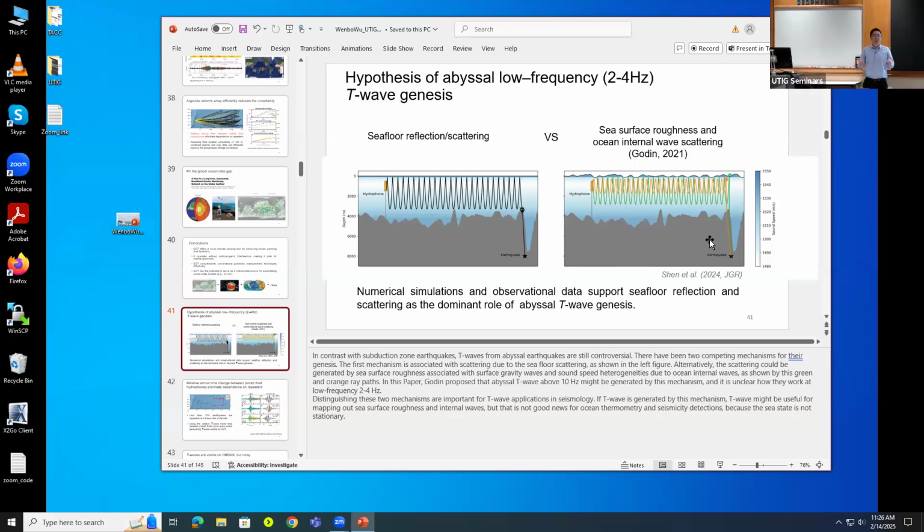We showed that for mid-ocean ridge earthquakes at low frequency, at least below about 5 Hertz, the T waves are generated by seafloor bathymetry variation scattering, and then we can use them for SOT. However, the magnitude must be larger because they are not efficient at generating T waves. For subduction zones, if there's no bathymetry blockage on the T wave path, a magnitude of about 3.6 or 3.7 would be very great for SOT.